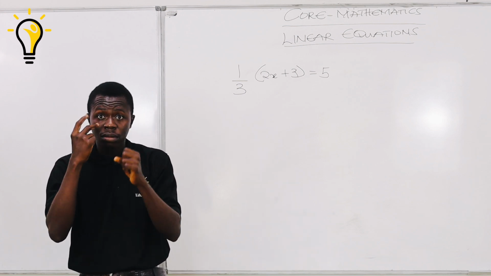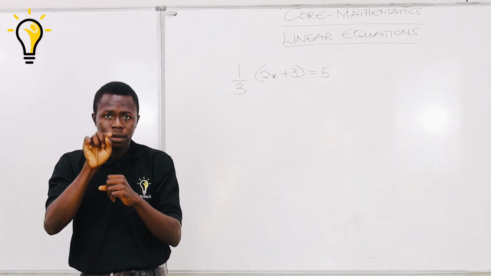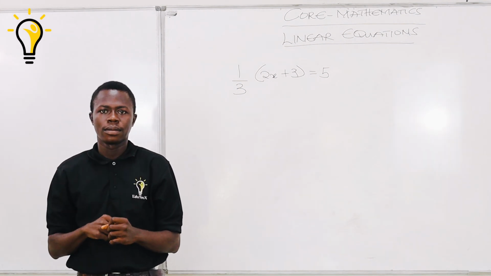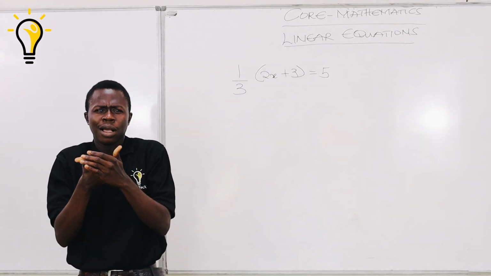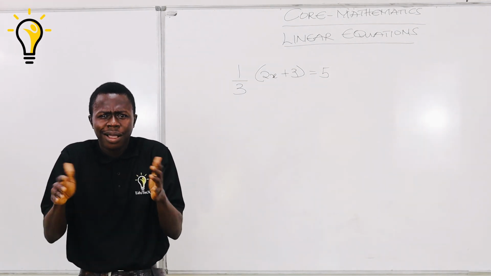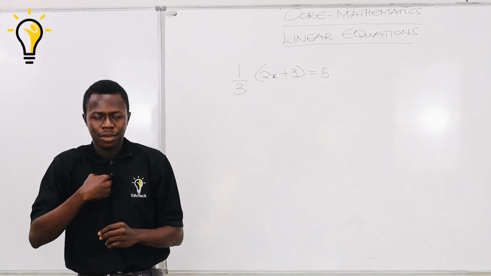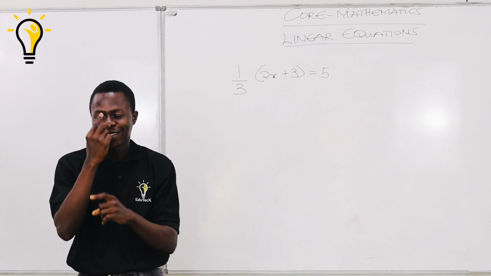You can see that there is a fraction in the expression. So the question is, how do you solve an equation like that? I am here to help you or guide you to solve something like that.